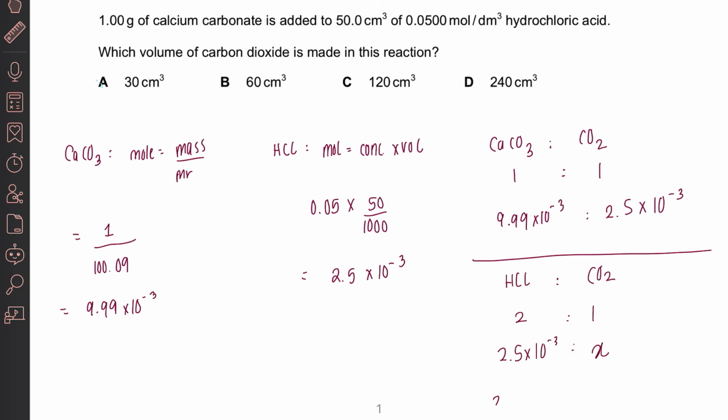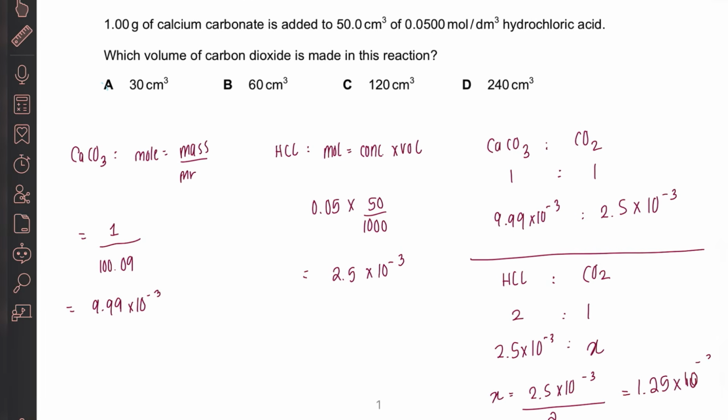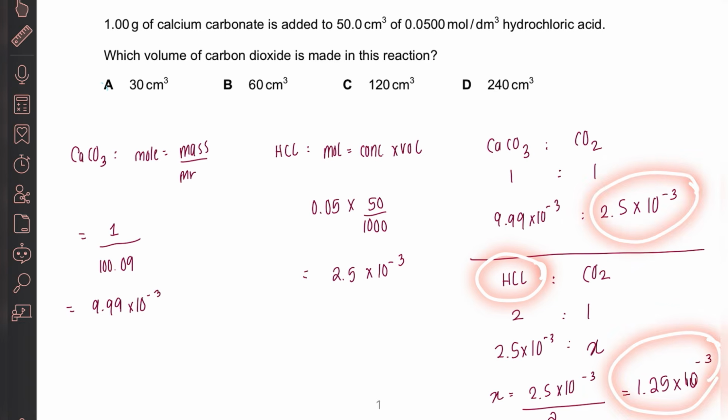Cross multiply. X is going to be 2.5 times 10 power negative 3 divided by 2. This is going to be 1.25 times 10 power negative 4. Times 10 power negative 3 actually. So you can see when you're considering hydrochloric acid, you're getting a smaller amount of moles compared to calcium carbonate.